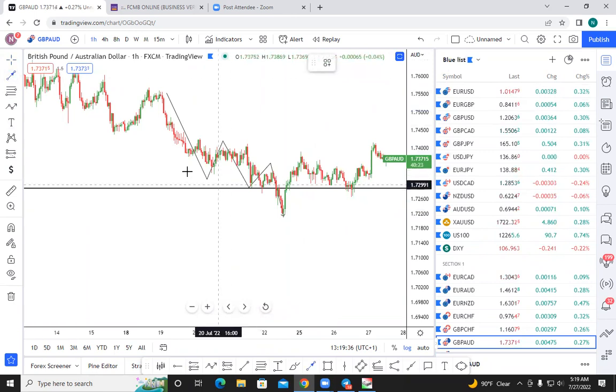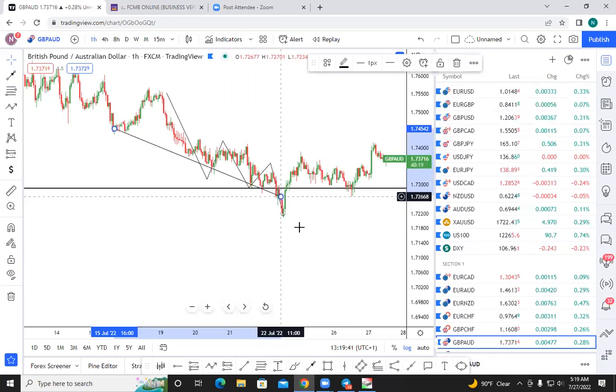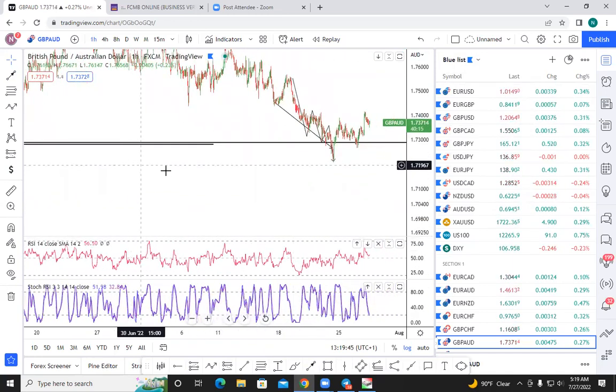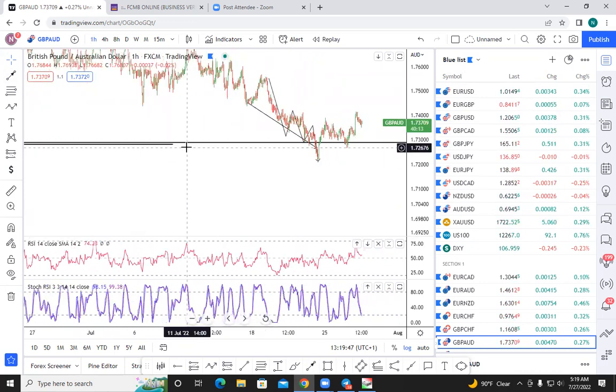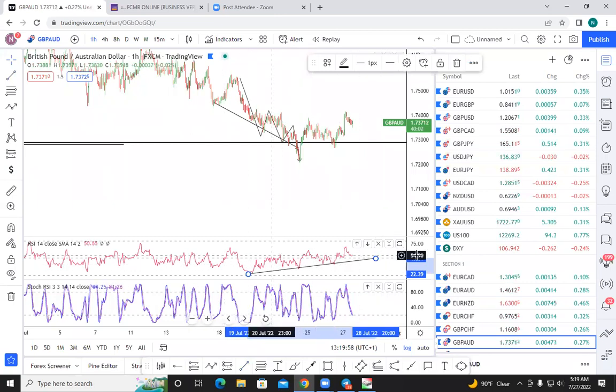Okay, so in an ending structure, all you need to do is to carry out a divergence test. Okay, you want to see if there is divergence, and you can see right from here we have a divergence. The divergence started here. Can you see the move to the upside, upside, upside?